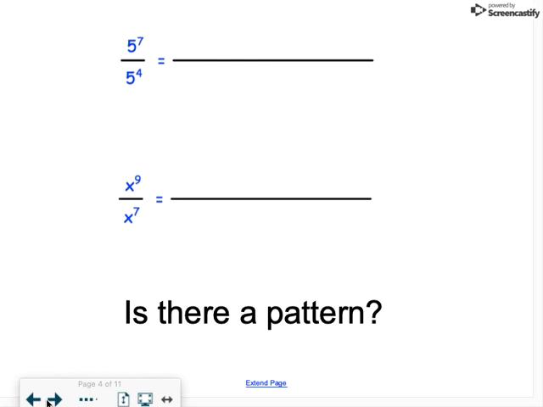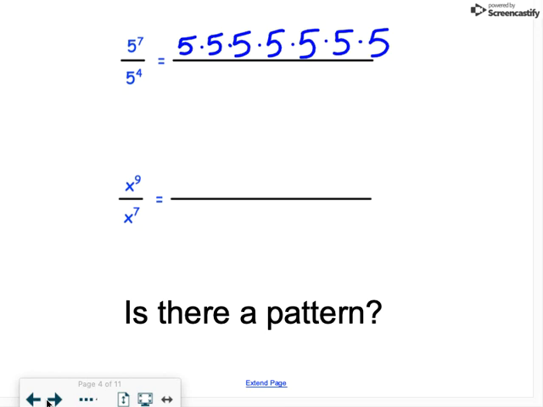So to start, like the last 2 days, we're looking to see, is there a pattern? What I'm going to do is rewrite mathematically what 5 to the 7th means. That means 5 times 5 times 5, so 7 5s up on the numerator there.